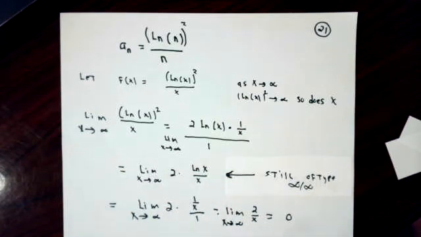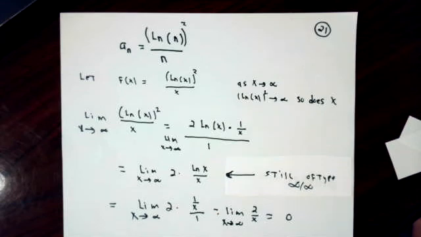Notice the top of the fraction still tends to infinity, and so does the bottom, so I can do L'Hopital's rule on it again. The derivative of natural log x is 1 over x. Derivative of x is 1. So we're looking at the limit as x tends to infinity of 2 divided by x. Again, I'm being picky about this.